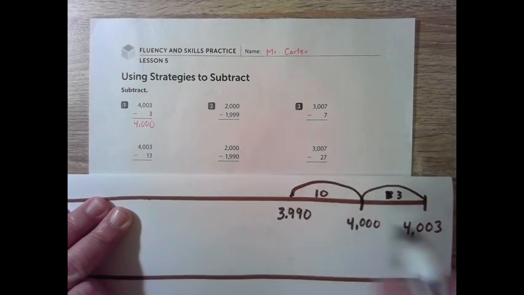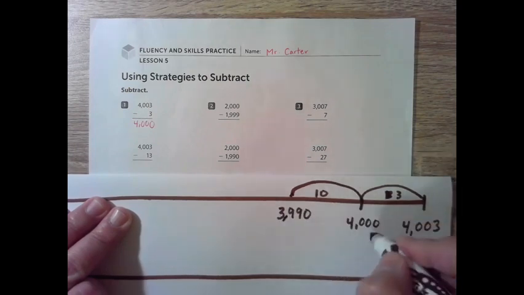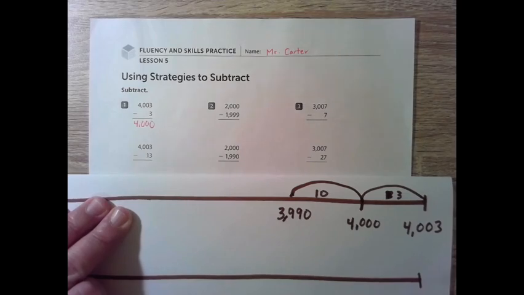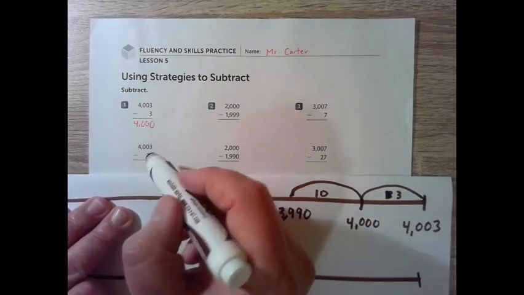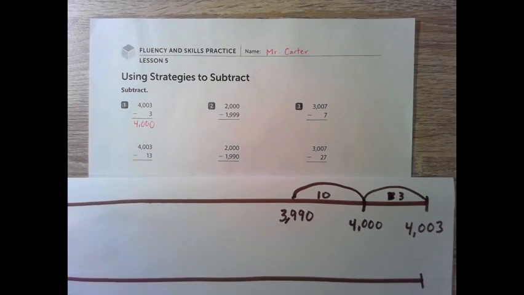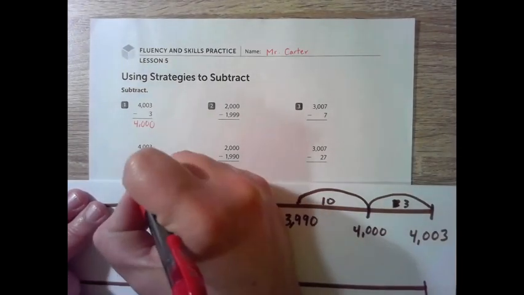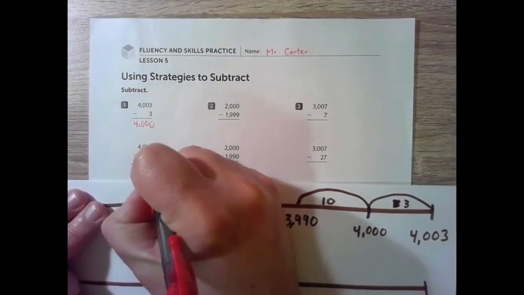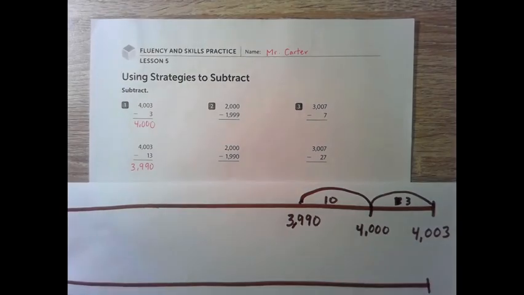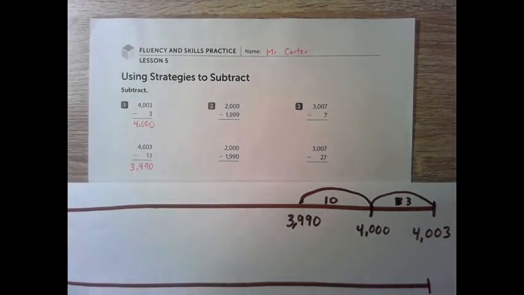If we're counting backwards 10, we're just taking away 10 from the 4000. And that gets us 4003 take away 13. So that is our answer here, 3,990.